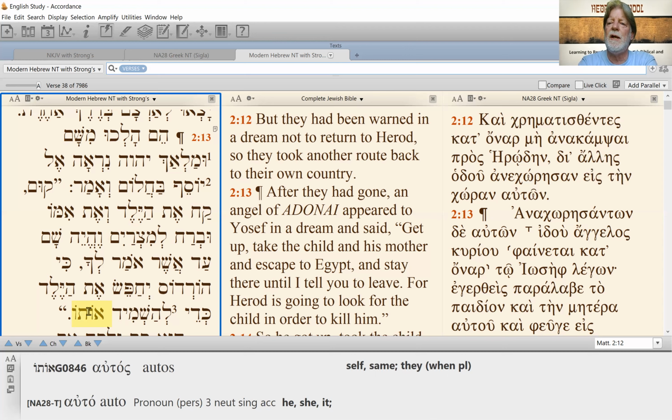So if Yeshua wasn't there and wasn't going to be killed, why would Joseph and Mary and Jesus have to go to Egypt to hide out from Herod? Well, the reason is Herod does send his wise men to Bethlehem, but the whole reason that Yeshua was born in Bethlehem was because they had to go there to register for the census. So a census had recently been taken in Bethlehem, and Yeshua was born there, so he would be included in the census.